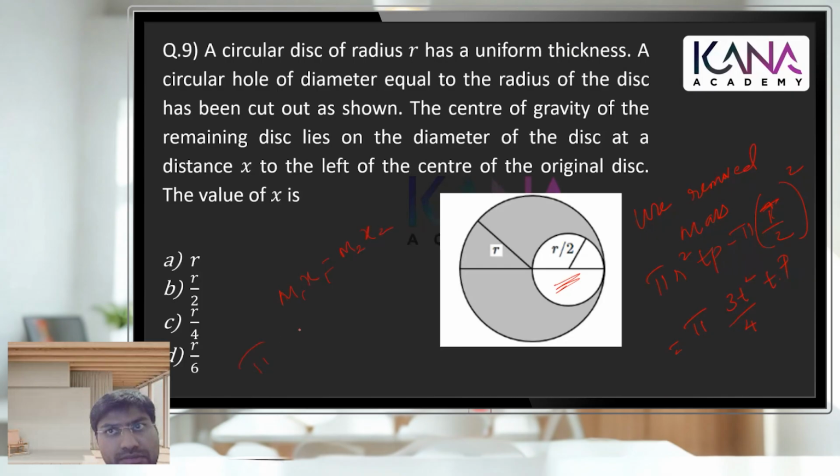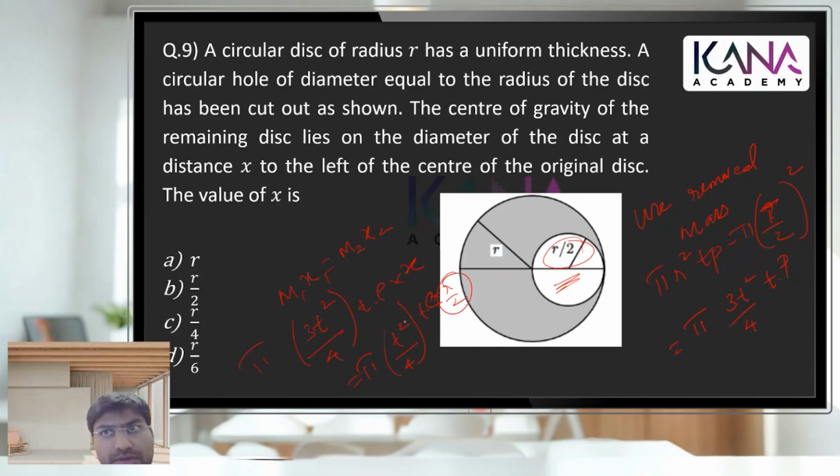This part will become pi times 3 r square by 4 times x, equal to pi r square by 4 times r by 2.